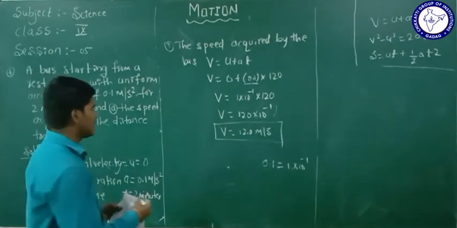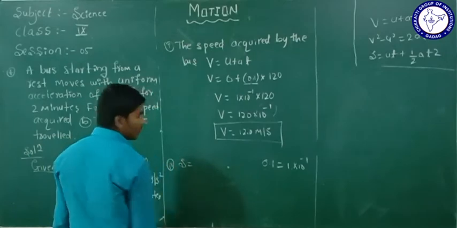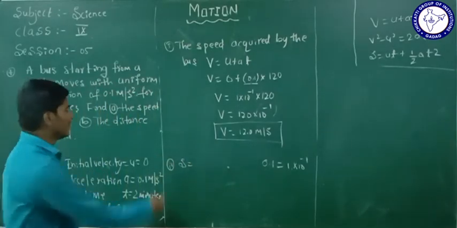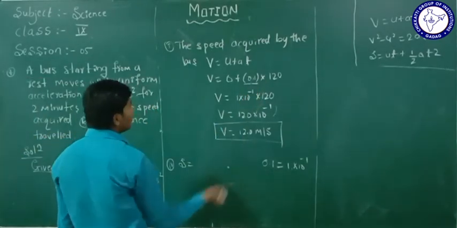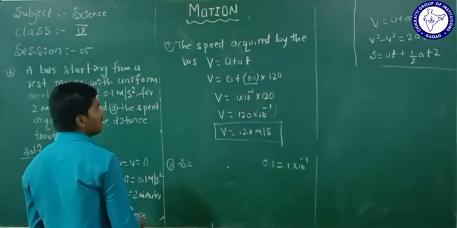And they also ask second, the total distance s traveled by the bus. Again, you can take any one formula, ut plus half at square, or s is equal to v square minus u square divided by 2a.